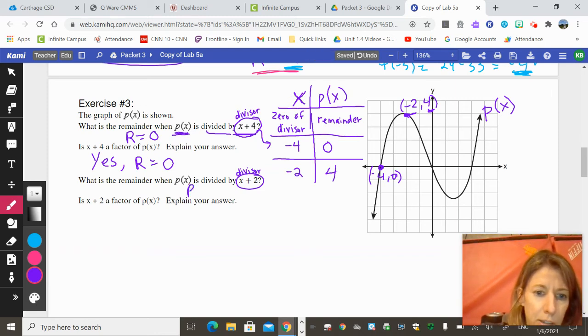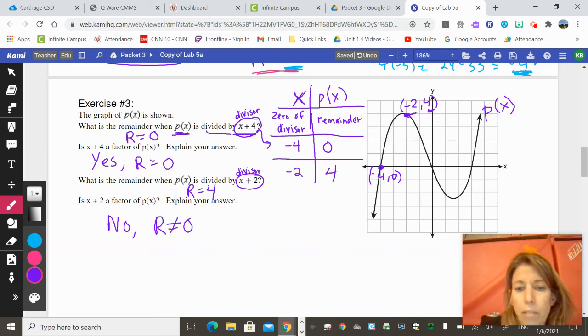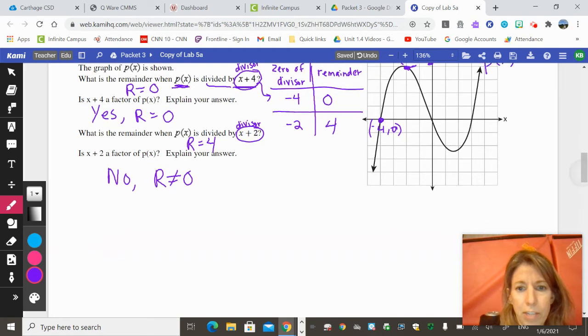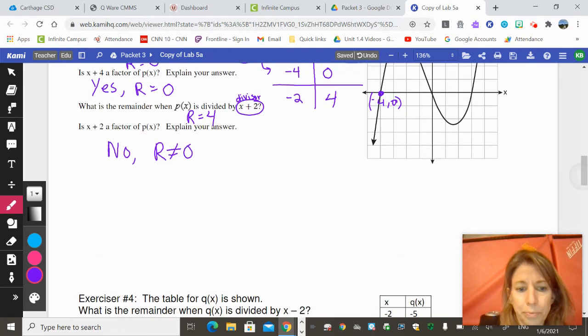In this case, the remainder is 4. So it's asking me, is x plus 2 a factor? Well, no, because the remainder is not equal to 0. You can only have a factor if the remainder is equal to 0. Otherwise it's not considered a factor. Factors divide evenly with no remainder.